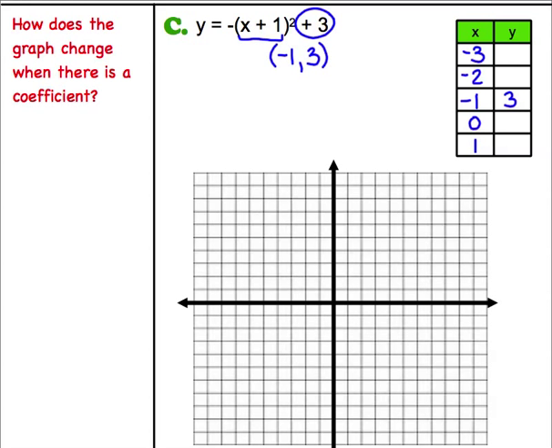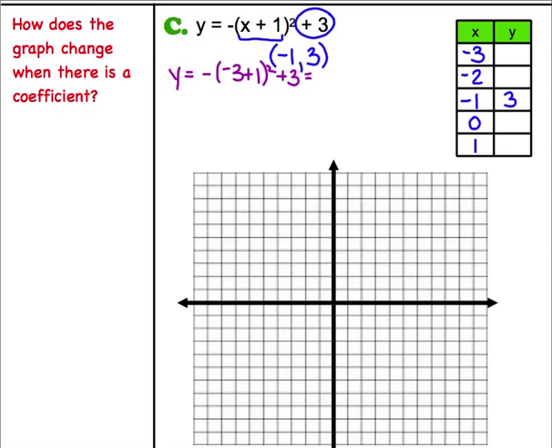Then I'm going to go ahead and substitute my values in. So I have y equals, don't forget that negative sign, negative of negative 3 plus 1 squared plus 3. So first I need to take negative 3 plus 1, which is negative 2. Then I need to square that, which is 4. Then take the negative of it.